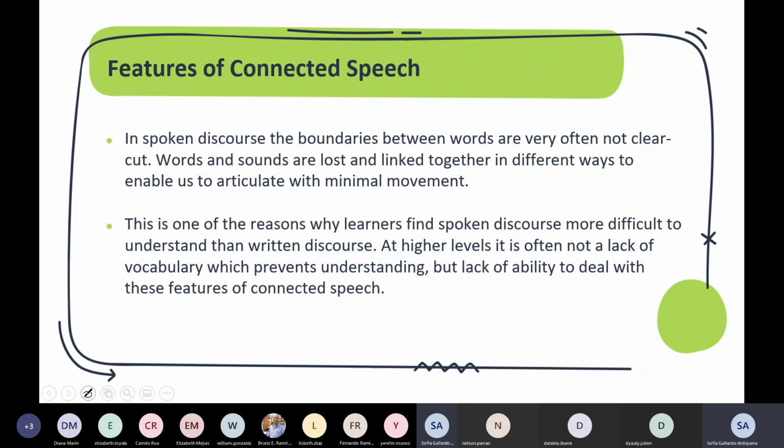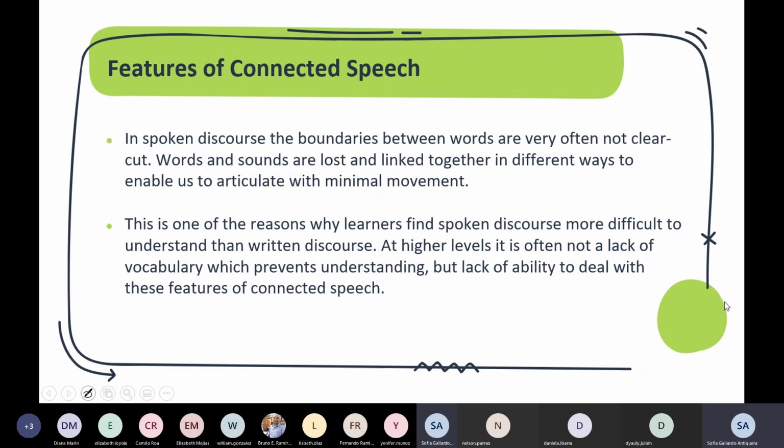And this is why, when students achieve a higher level of English, they usually encounter problems. And these problems are not typically regarding vocabulary. So it doesn't mean that they don't know the words. It's that they don't really have the ability to apply these features that will help them to make their speech more similar to a native speaker.